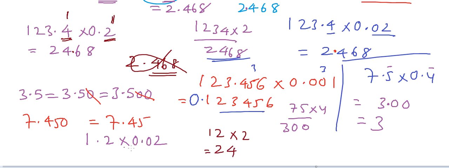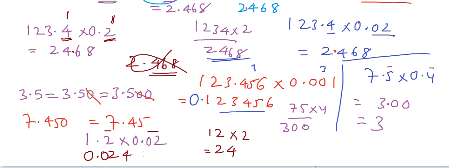Okay, so how many decimal places should the result have? This has 1 decimal place, here 2, 1 plus 2, 3. The result should have 3 decimal places. Okay, so how to make the 3? Now we have only 2 digits. Because it's supposed to have 3 decimal places, add a 0 here before, then place a point. See, now it has 3 decimal places, so it is 0.024, isn't it?